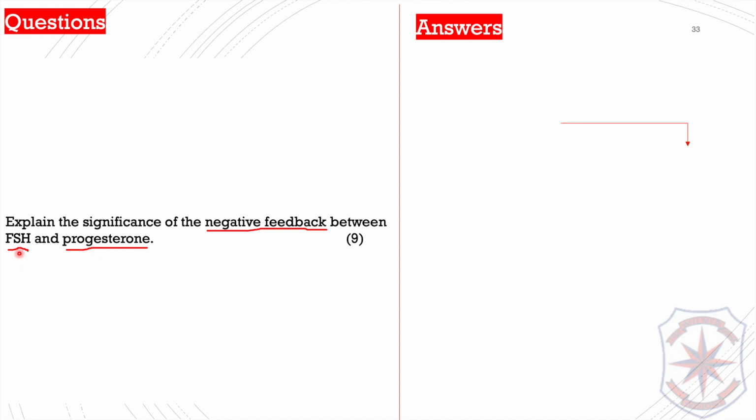So one prepares for pregnancy, and the other maintains the thick endometrium during pregnancy. So it does not make sense for these two hormones to be secreted at equal levels at the same time, because their functions are contradicting. FSH stimulates the growth of a follicle so that from that follicle we can attain an ovum, and progesterone keeps the endometrium thick for the period of pregnancy.